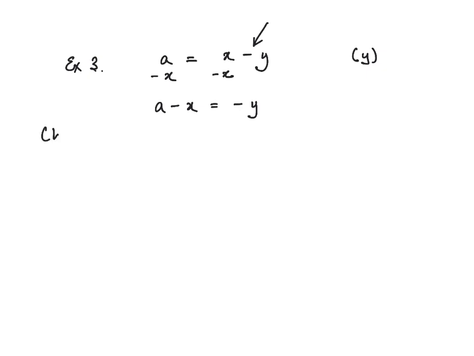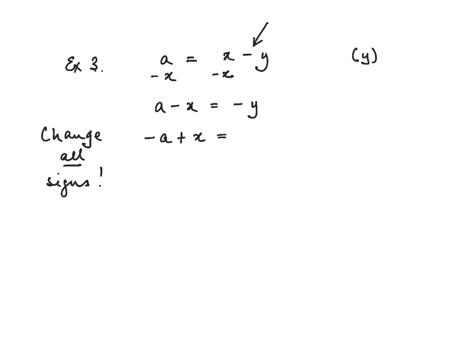Now, you may have heard of the instruction, change all signs. So the A, which is a plus A, although the plus is not written, becomes a minus A. The minus x becomes a plus x.